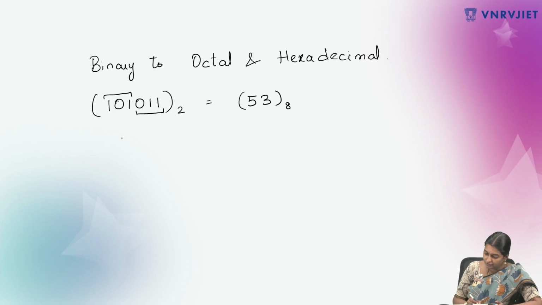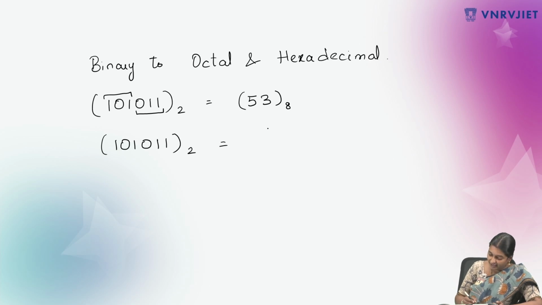Right? So likewise, take the same binary number and convert it to hexadecimal. When we are converting to hexadecimal, we have to group 4 digits as an entity, as hexadecimal means 16, which is nothing but 2 power 4. So 4 digits. There are only 2 on the left, so we can insert 0 0 to the left.